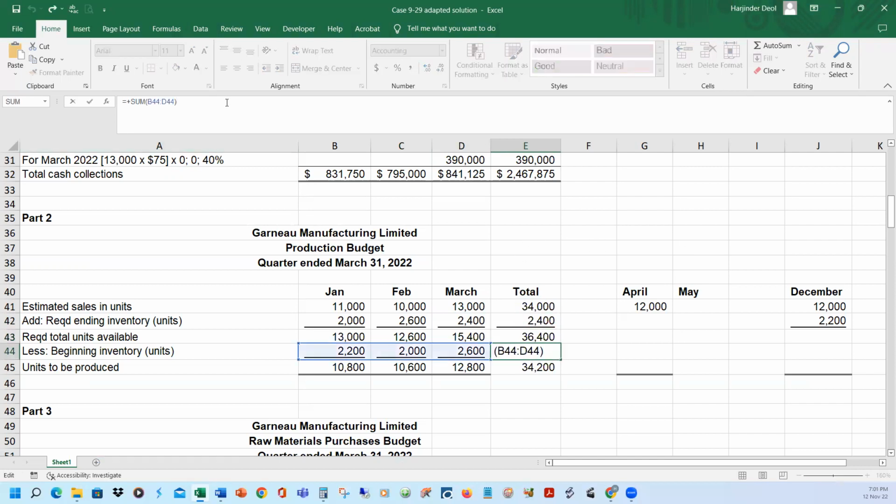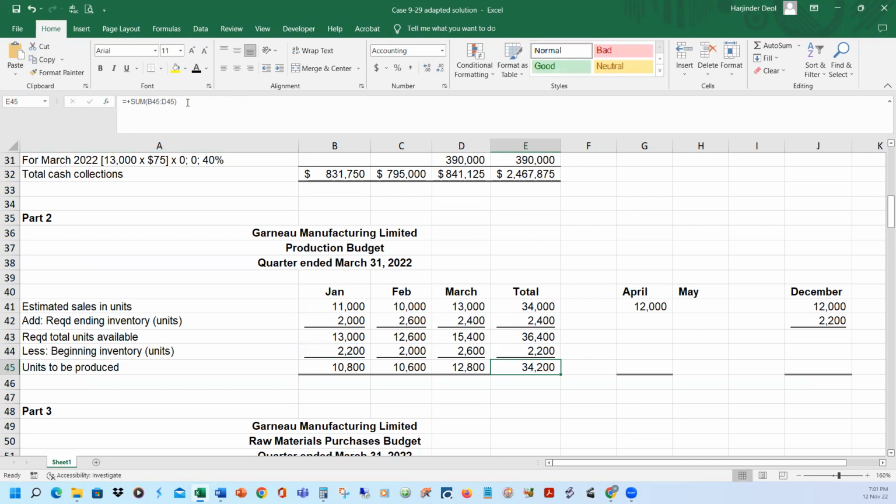Similarly, for the beginning inventory, it shouldn't just be the total of the beginning inventory for each of the months, but rather it should be the beginning inventory for the quarter. And recall, the quarter started in the month of January. So it's 2,200 units that we must have had as beginning inventory for this quarter.